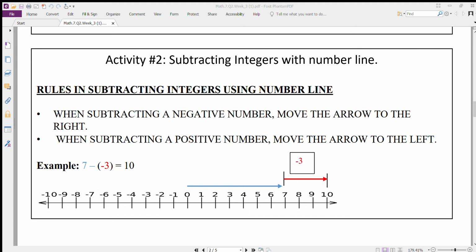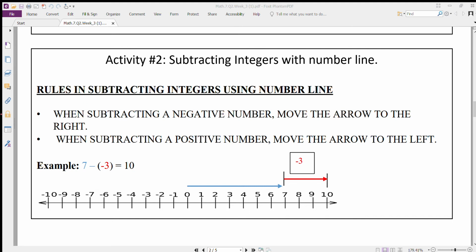Row, row, row your boat gently down the stream, merrily, merrily, merrily, merrily, life is but a dream. I think that's how it goes. But instead of row, row your boat, you say same signs add and keep, different signs subtract. Keep the sign of the larger number and you'll be exact.